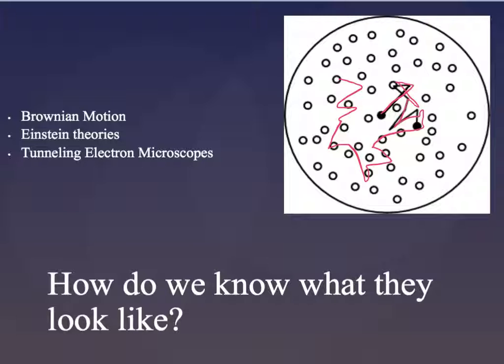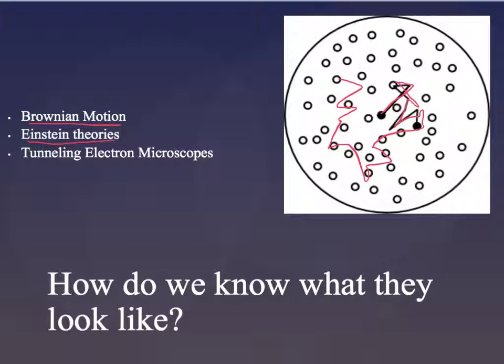Now, this is called Brownian motion, and it was our first proof that atoms actually existed, because what is happening is that those dye particles are actually being bounced around by the molecules in the water.